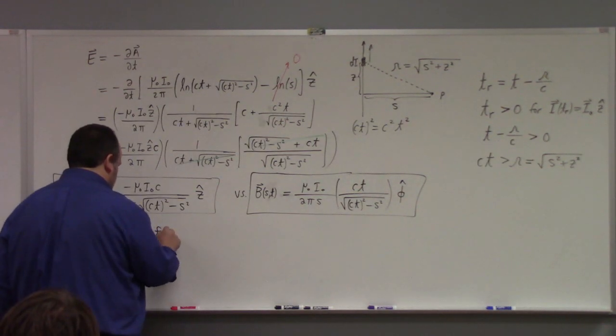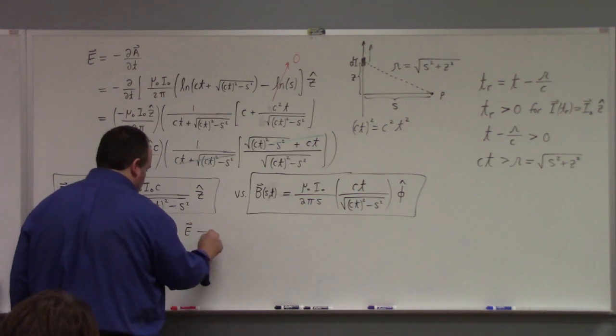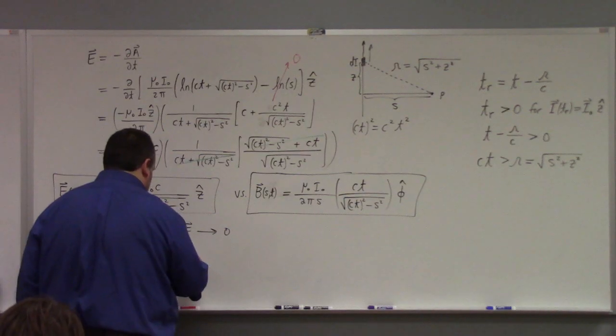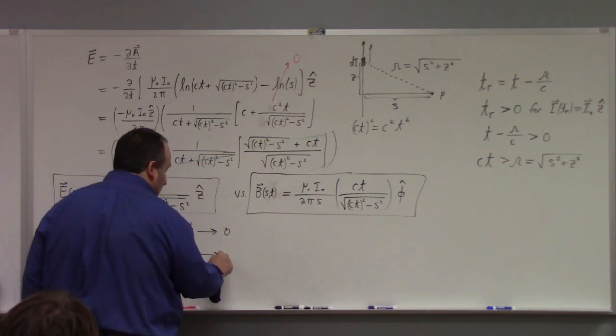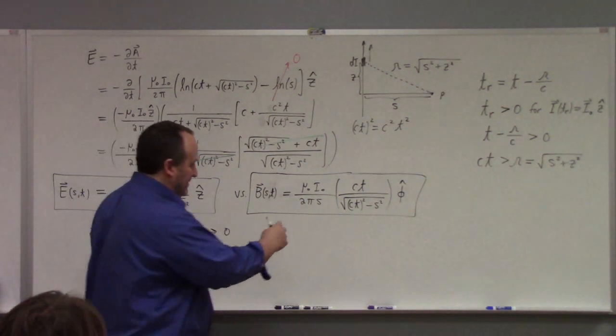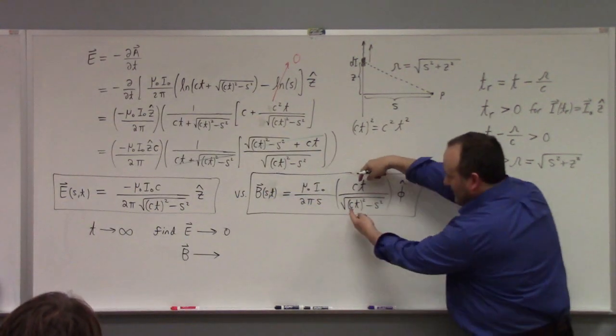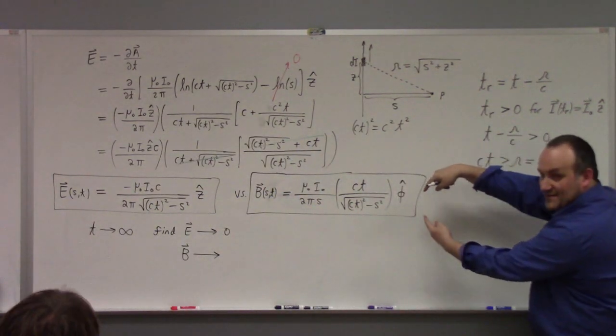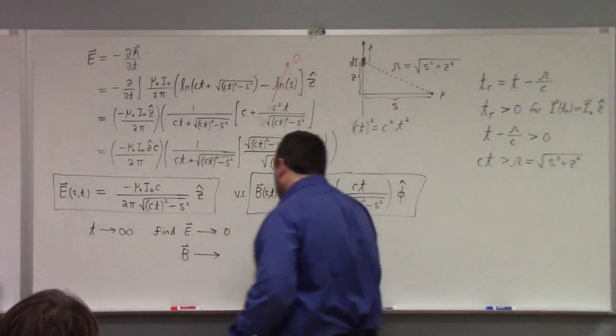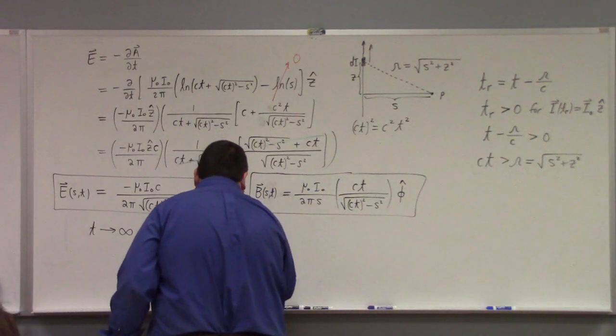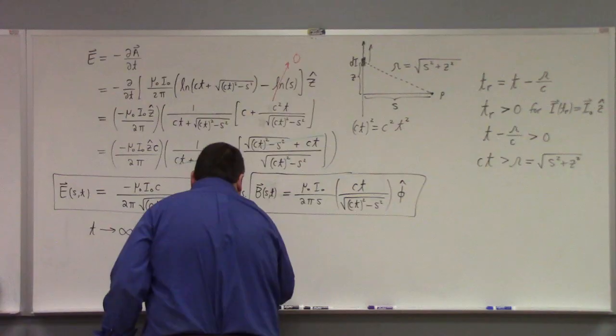Yep, we find E goes to 0 and B goes to what? See, this thing limits to 1, right? And so B just goes to, yeah, what did you say, mu naught I naught over 2 pi? Well, it has to, right?